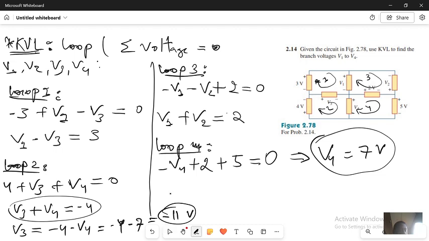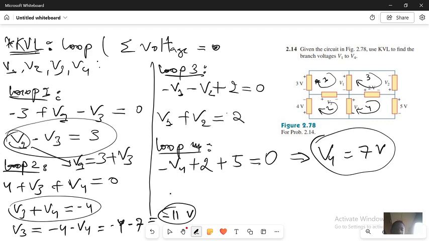Now if I come here again to this equation, I have V3, I calculate V1. V1 is going to be equal 3 plus V3, which is 3 minus 11, and you get the value of V1. Now I have the value of V1, I can come to this equation to get V2. I will have V2 equal 2 minus V1. The value of V1 I already got from here.